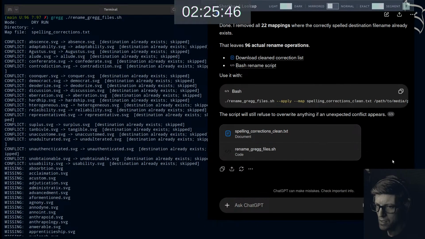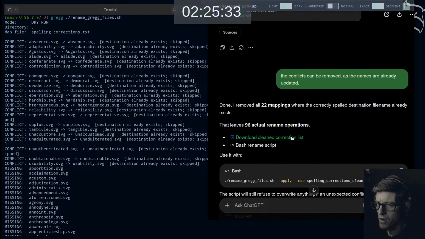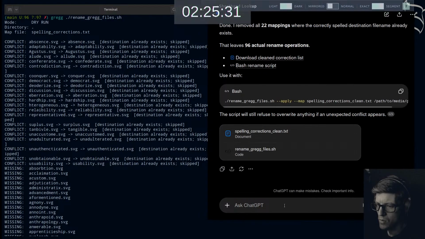Okay. We've already done the map. Okay, we've already renamed. So what I need to do is figure out, let's see.